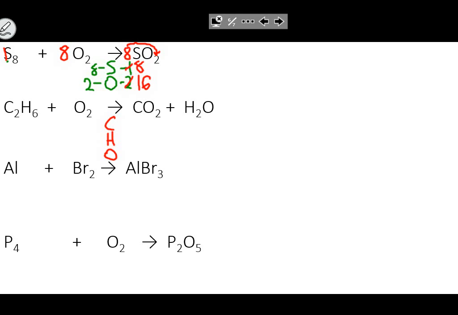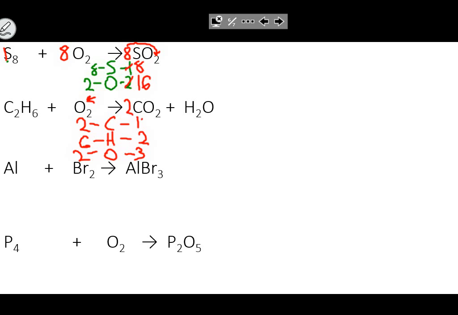I forgot the name of that. 1C, 2C, 6H, 2H, 2O, 3O. So what I always do is balance the carbons and the hydrogens on a combustion reaction first. The reason is because oxygen's sitting over here all by itself, so we can go back and mess with that one a little bit later.